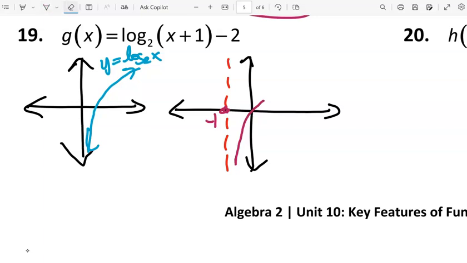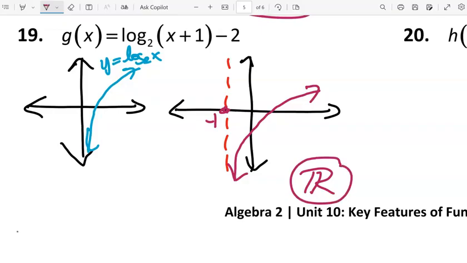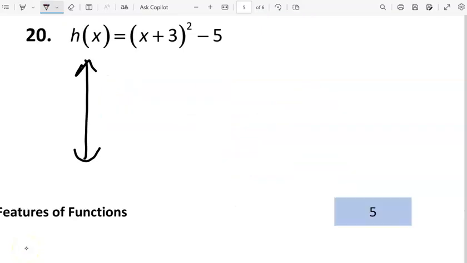And if we move the graph down 2, it will look something like this. Arrows on both ends of the graph with no breaks in between indicate that the range of this function is all real numbers.